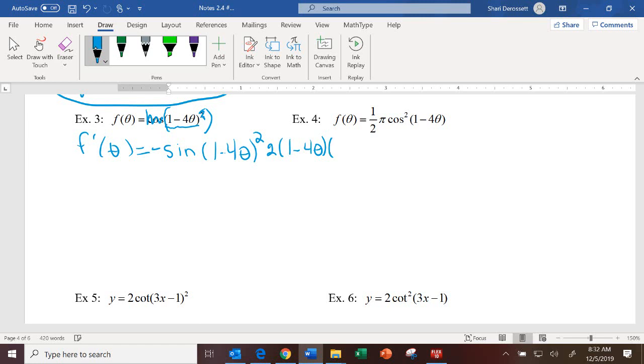Negative 4. Okay, and so now putting all of that together, we have a negative times a negative 4, that's positive 4, times 2 is 8, times 1 minus 4 theta, times the sine of 1 minus 4 theta quantity squared.